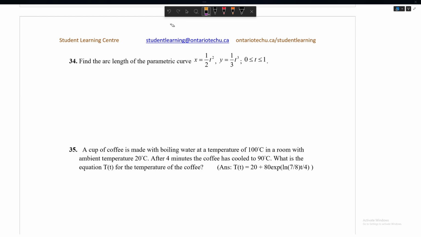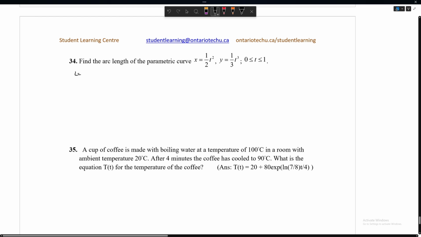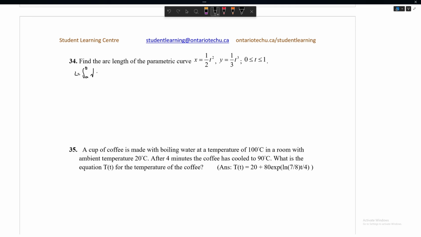For this one, the parametric equation is L equals the integral from a to b of the square root of dx over dt squared plus dy over dt squared. I'm only going to set this up, so I'm not going to really go through it.